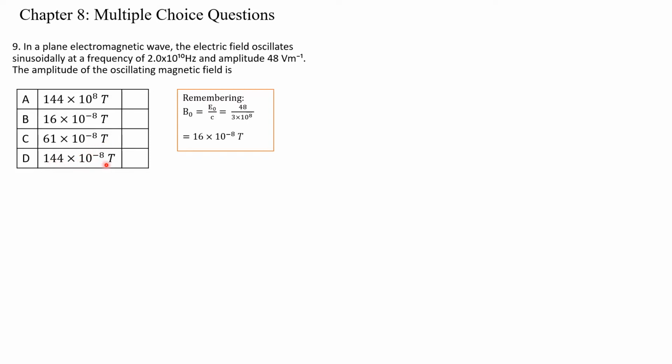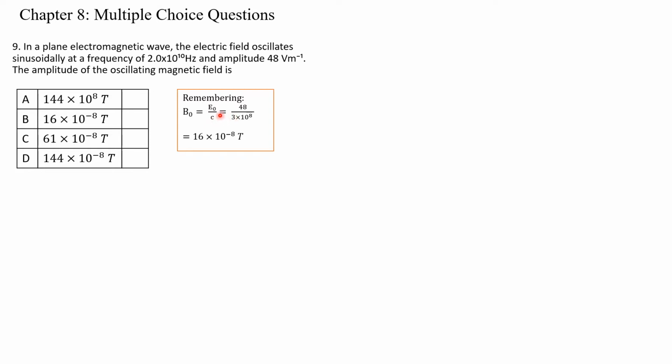So we have to use and recollect the formula that B naught is equal to E naught divided by C, where B naught is the magnetic field, E naught is the electric field, and C is the velocity of light in air or vacuum.